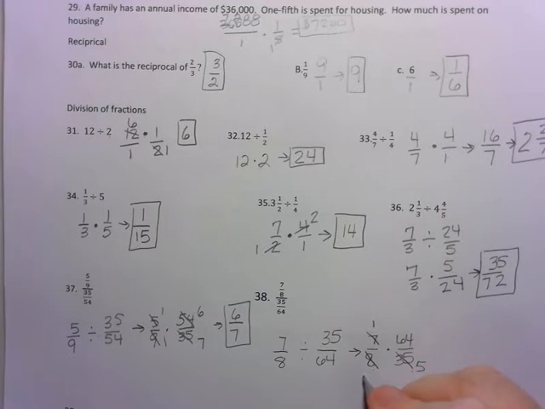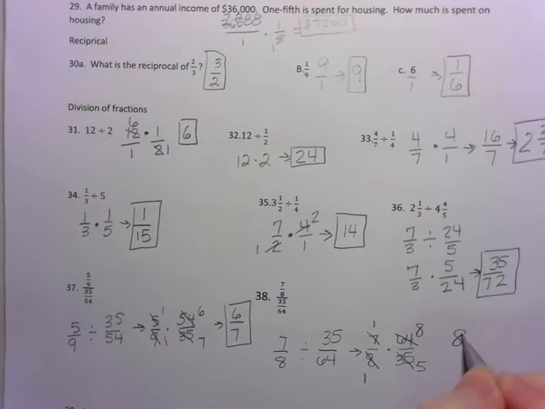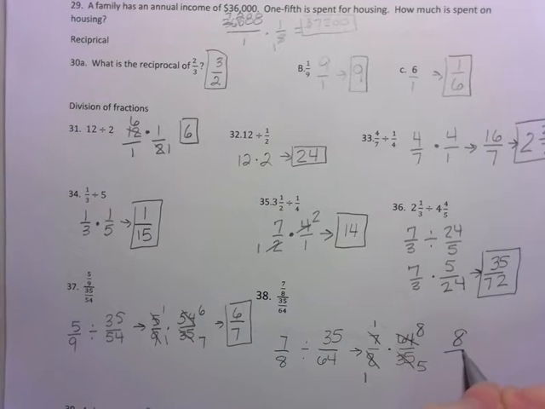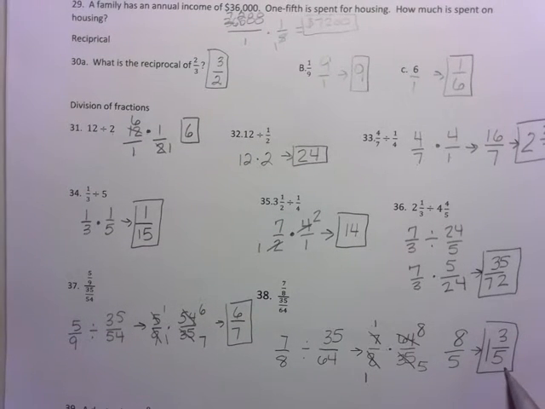I know 8 goes into 8 and 8 goes into 64. 1 times 8 is 8. 1 times 5 is 5. That's an improper fraction. My mixed number: 5 goes into 8 one time with 3 left over. As a mixed number, that's my answer. As an improper fraction, that's my answer.